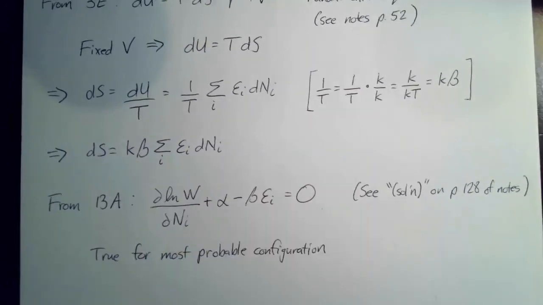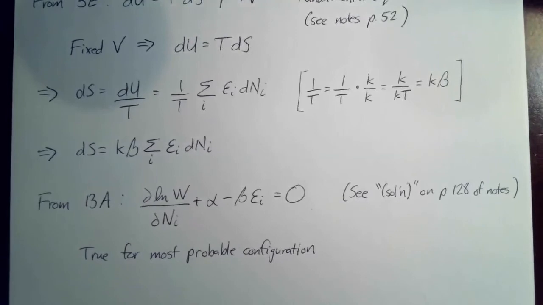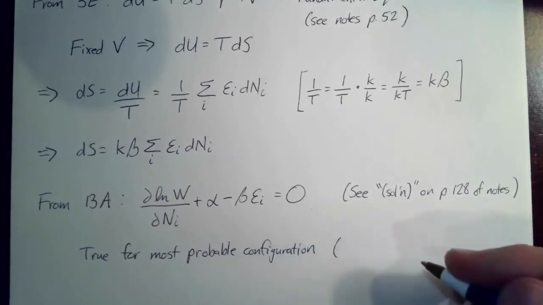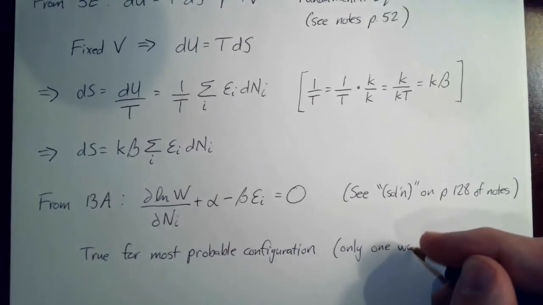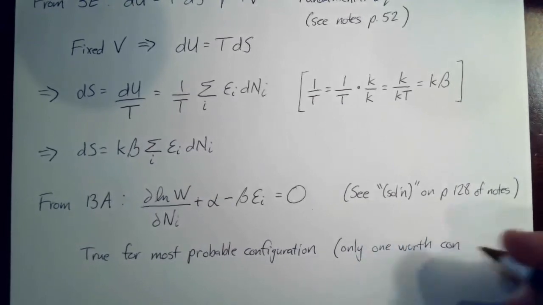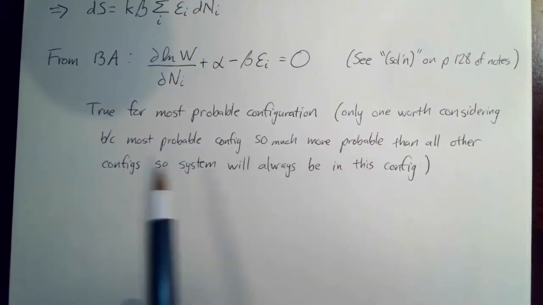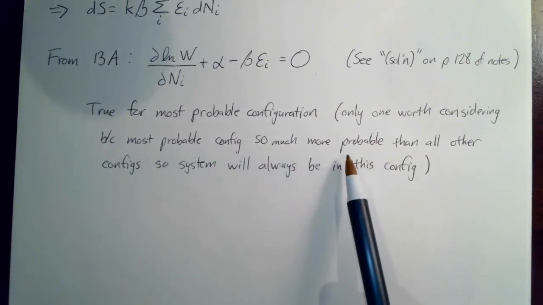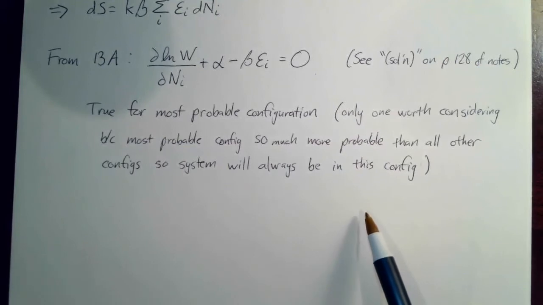But as we pointed out, the most probable configuration is so much more probable than every other configuration that it's the only one really that the system can be in. So this is the only one worth considering, because the most probable configuration is so much more probable than all the other configurations that the system will always be found in this configuration.